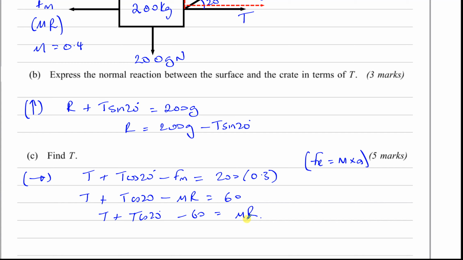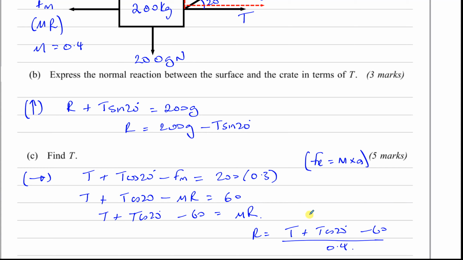So they're asking, how come my answer is not correct? Well, I would say that if you wrote your answer as R equals T plus T cosine 20 minus 60, divided by 0.4, that could also be considered correct in a way, although that's not how the question was intended. They intended to give you this little expression here and then have the horizontal components. The next step to solve this question is to replace this R with all of this.